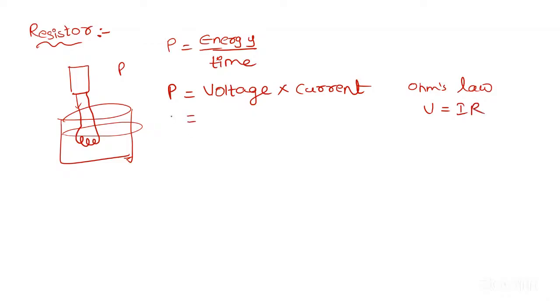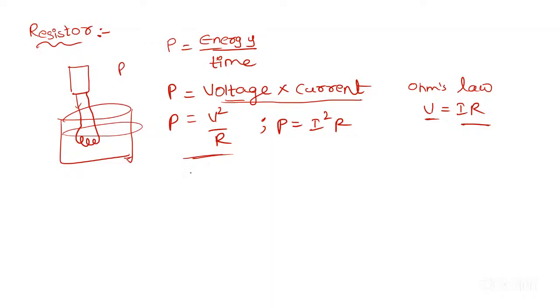If we substitute this, power can be V square by R, or power is equal to I square R. If I substitute IR in place of V, I get I square R. Similarly, when we substitute the I value, we get V square by R.